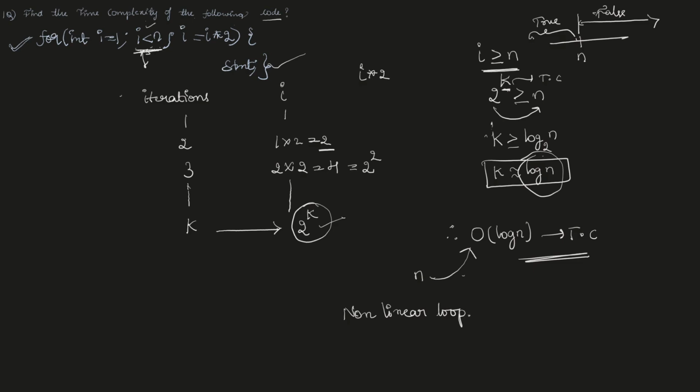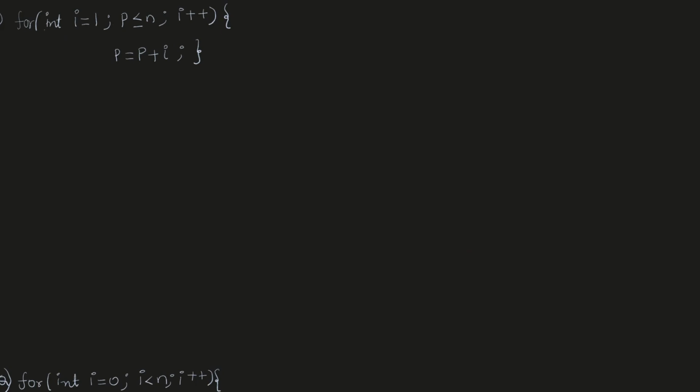Coming to the second example, if they give us two unknown variables, like here we don't even know what is p, and there we don't even know what is n. So for problems like them, what we need to do is we need to assume a random value of p.